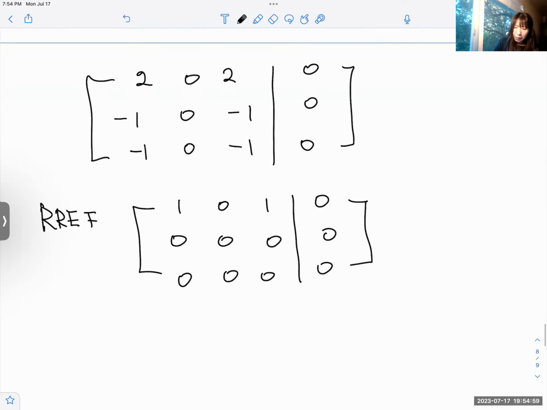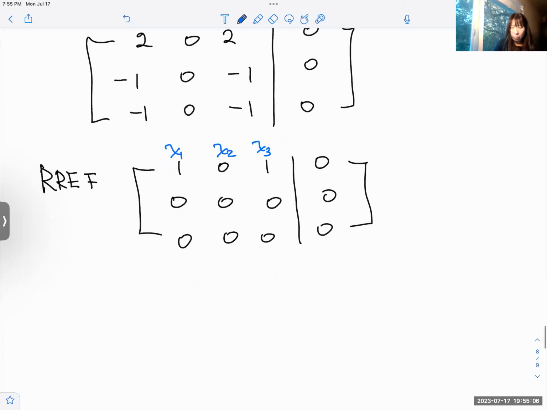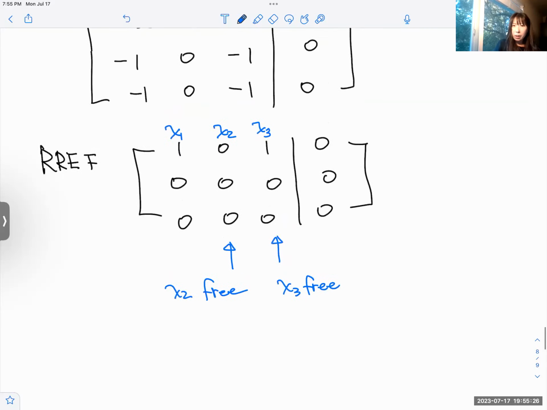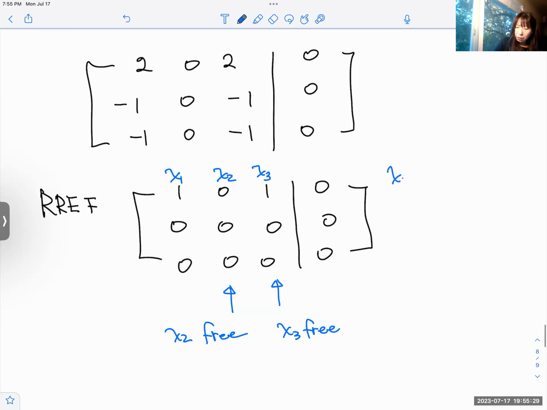So this will be x of 1, x of 2, x of 3. Which one is free? X of 2 is free. X of 3 is free, right? Okay, so we have x of 1 plus x of 3 equal to 0.